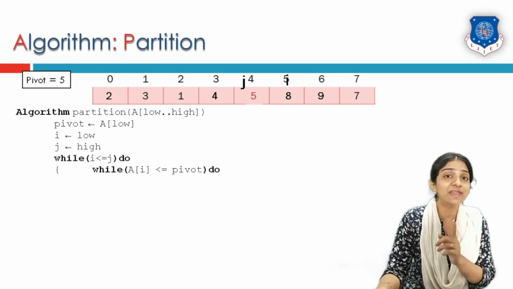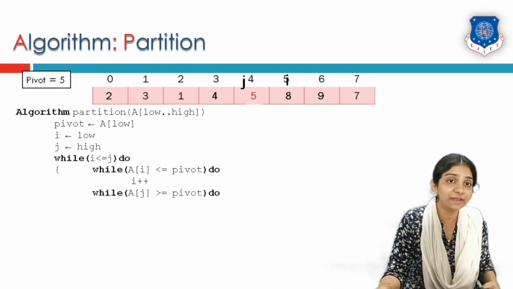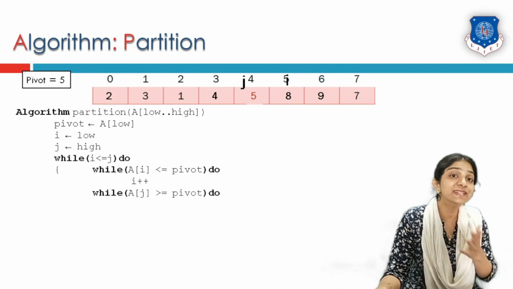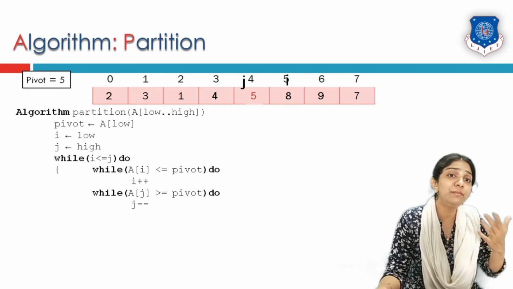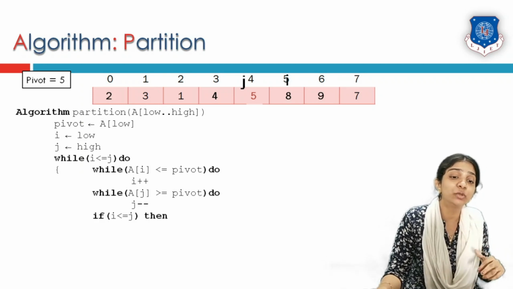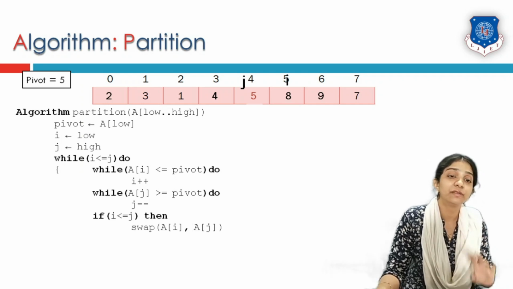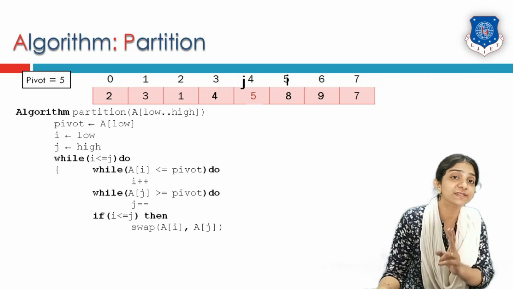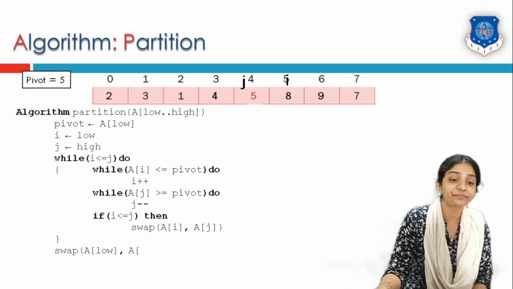If A[i] is lesser than or equal to the pivot element, then i must be incremented. As long as the element at j is greater than or equal to the pivot element, we keep on decrementing j. But if i and j both cannot progress, then we must swap the element at i with the element at j, because i is lesser than or equal to j.